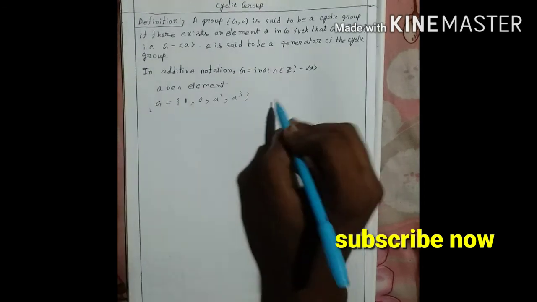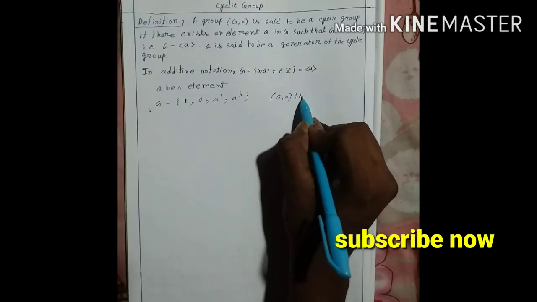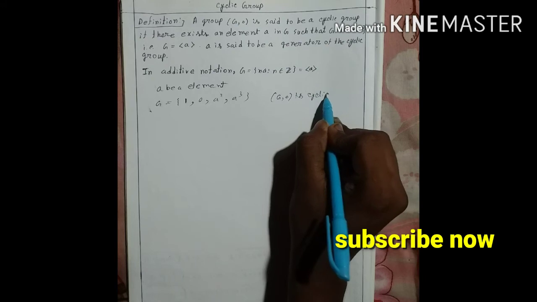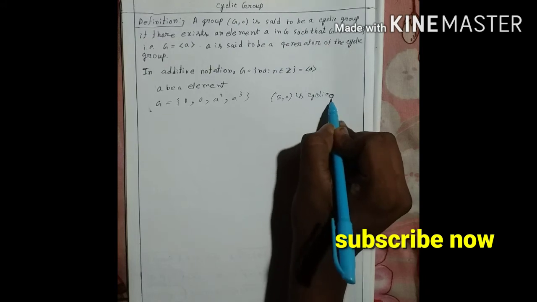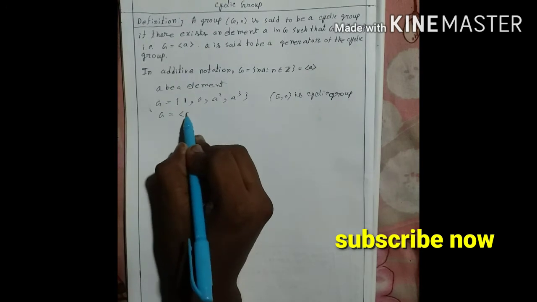Then we get that (G, ∘) is a cyclic group, because G is generated by a.